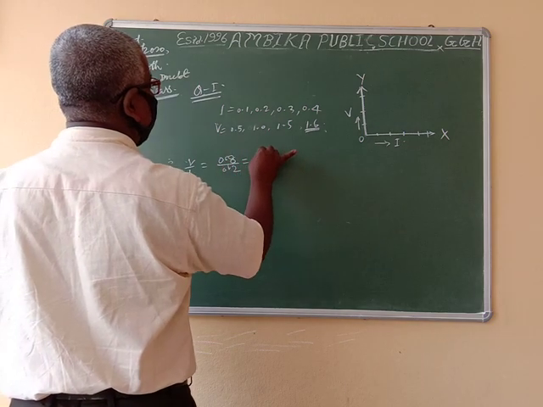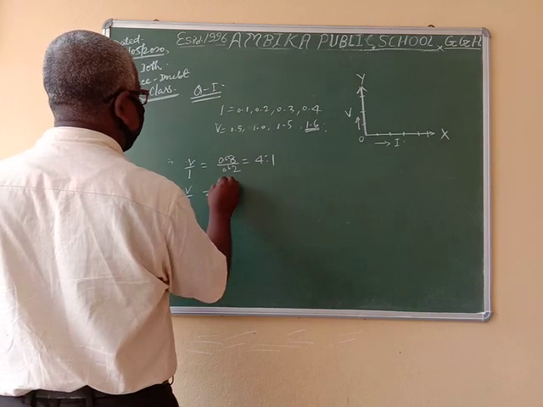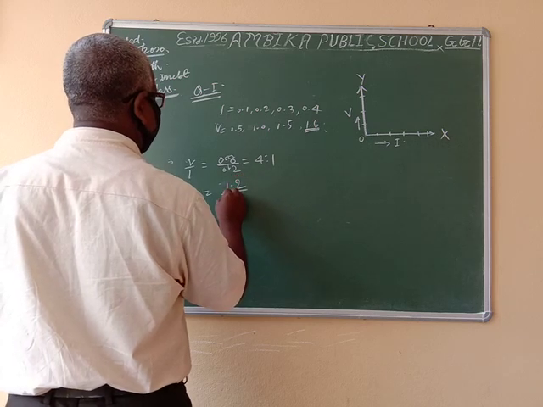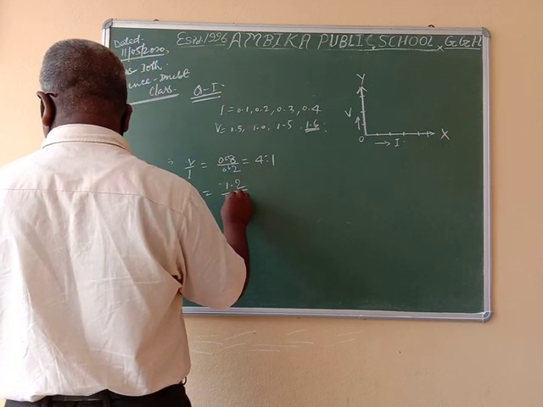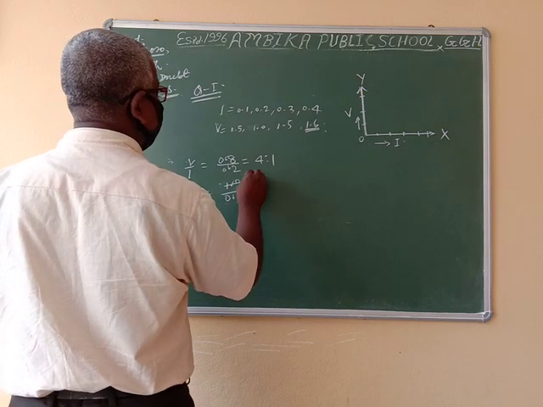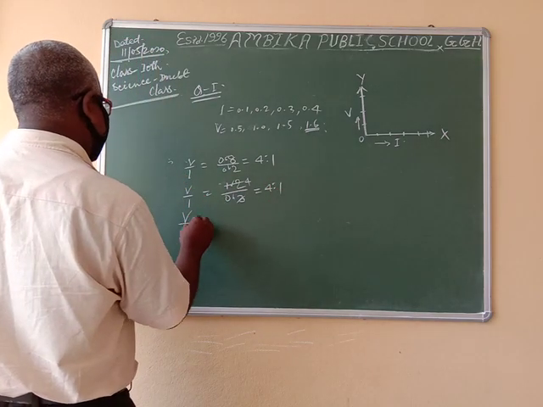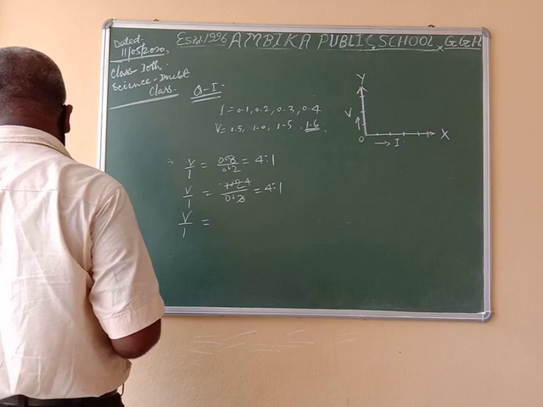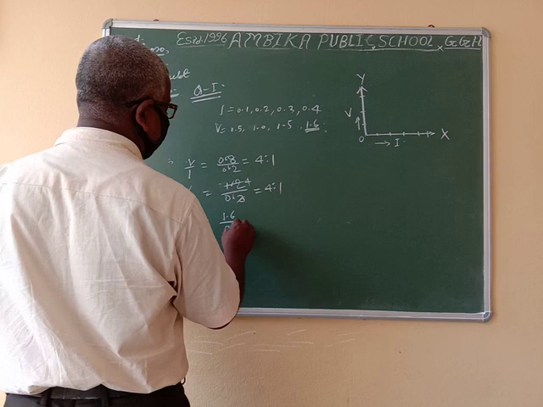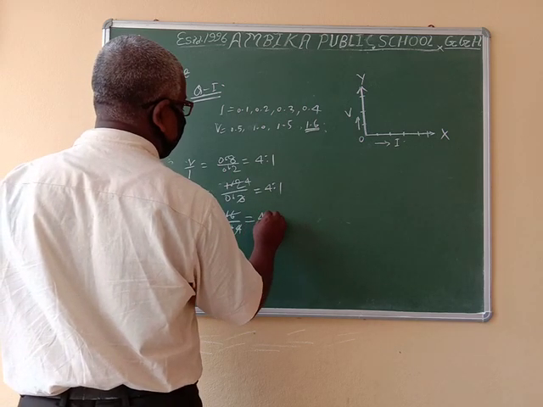This is equal to 4:1. Once again, V by I is equal to 1.2 by 0.3, which is 4:1. Once again, V by I is equal to 1.6 by 0.4, which is 4:1.